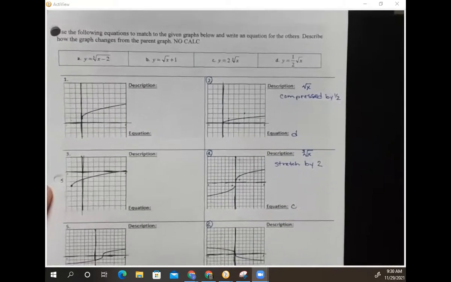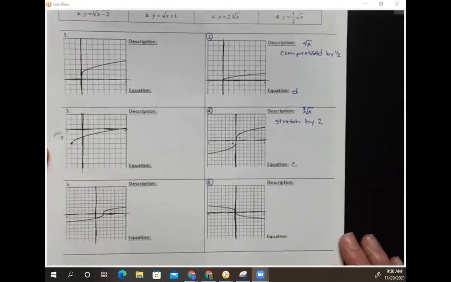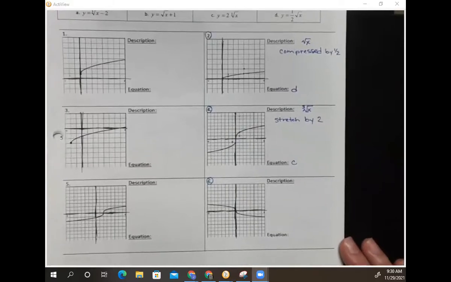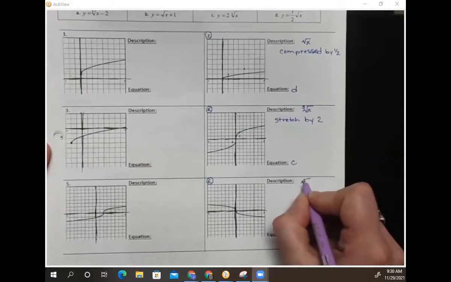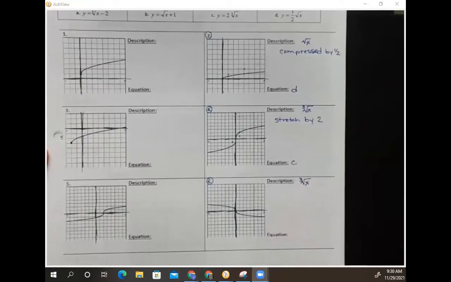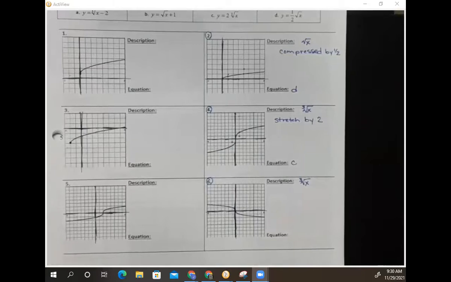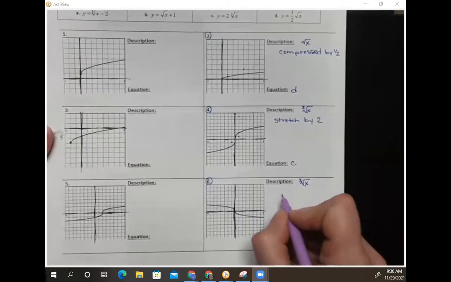And then number 6, cube root or square root. This is a cube root function, cube root of x. Have I changed the key point? Have I changed where that center point is? No, it's still at 0, 0. What have I done? It's flipped. Very good, flipped.